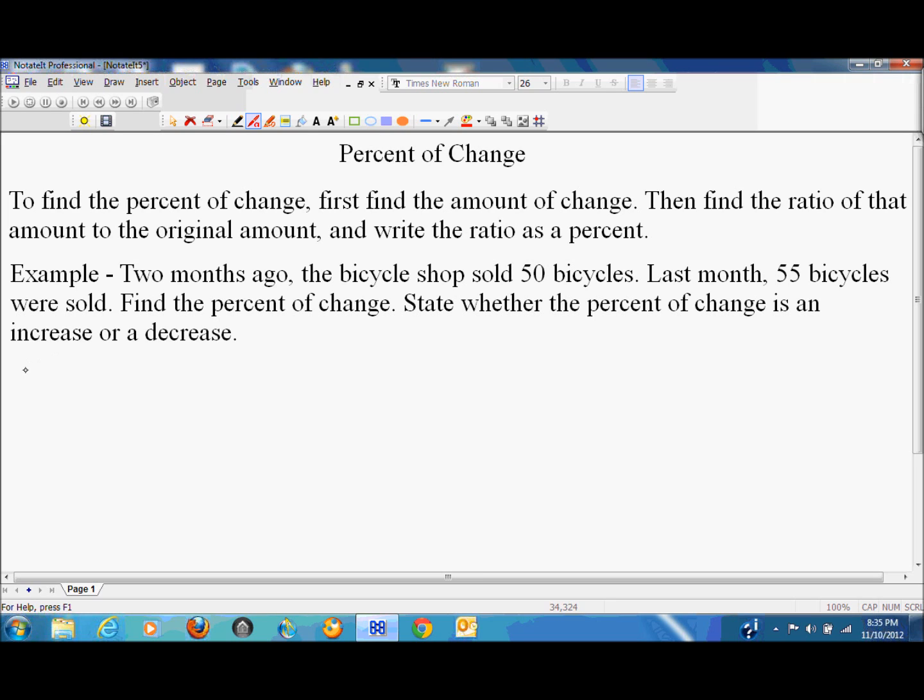Okay, step 1. Step 1, we want to subtract to find the amount of change. I'm going to go ahead and write that for us. Subtract to find the amount of change.